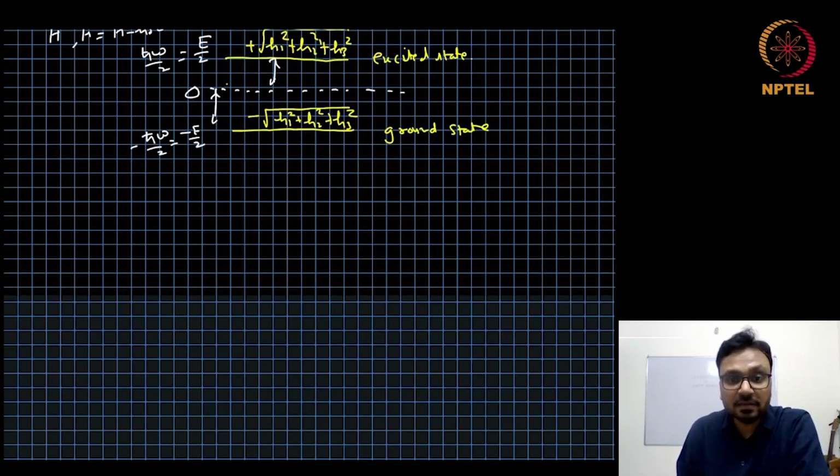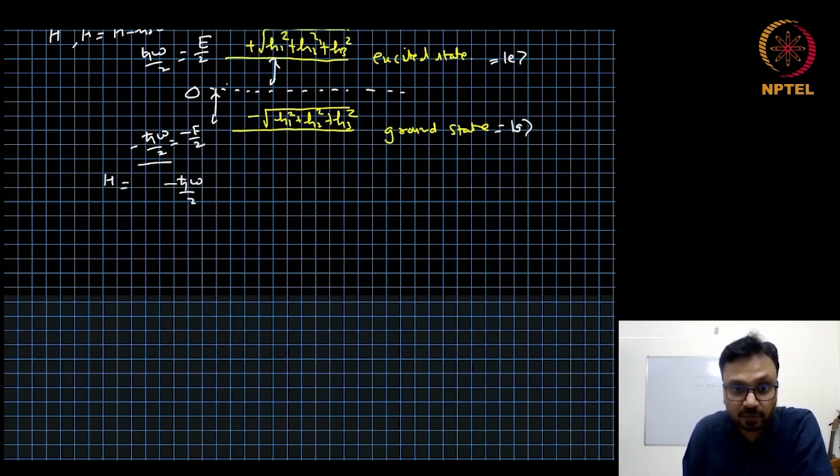We can represent the excited state with E and the ground state with G. Then the Hamiltonian becomes minus h bar omega over 2 |G><G| plus h bar omega over 2 |E><E|.